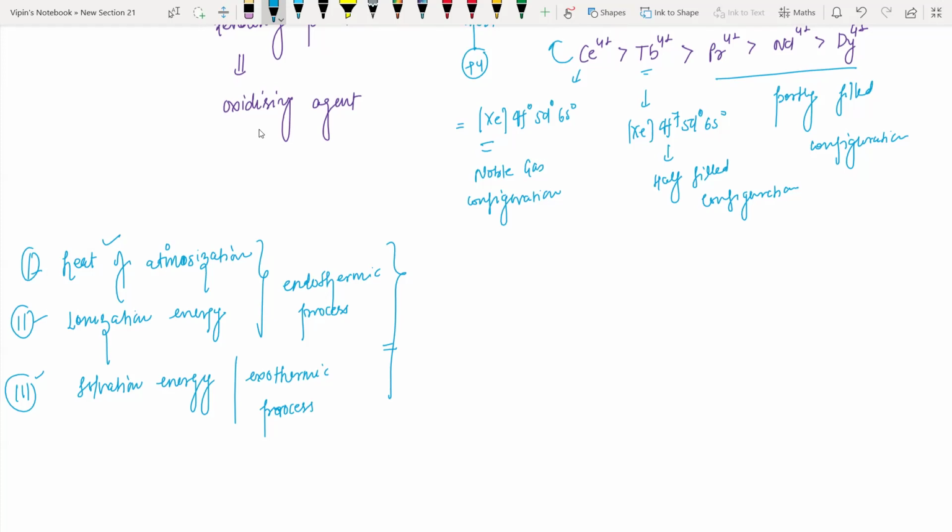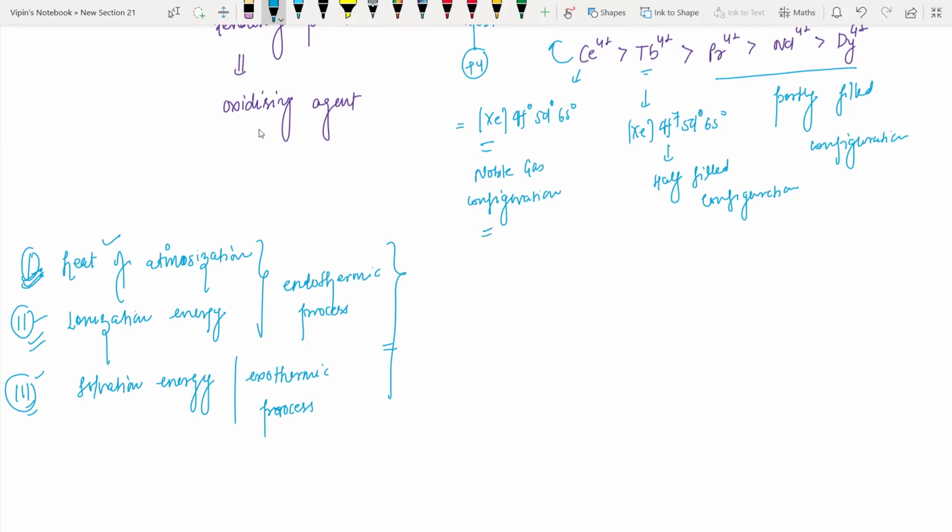Theoretically, we can only suggest the stability of configuration. Therefore, if you want to predict the stability of any oxidation state in any solvent, you should have the values of all these parameters. Then you will be able to predict the stability of oxidation state.